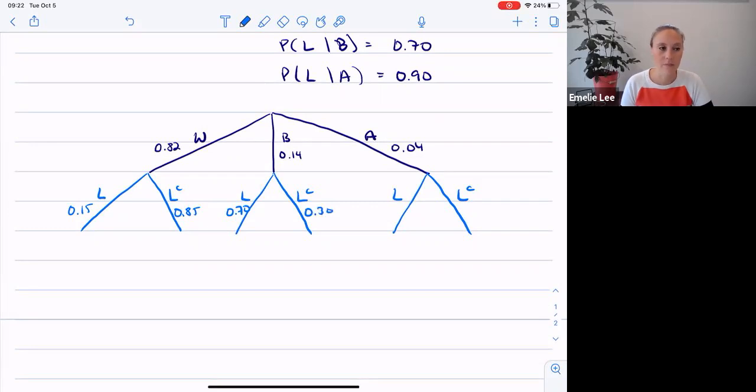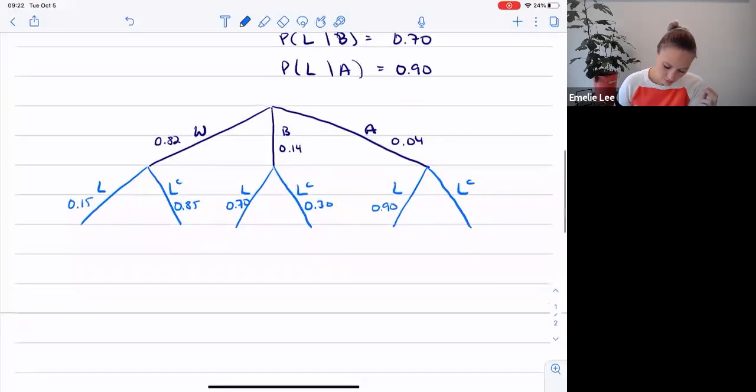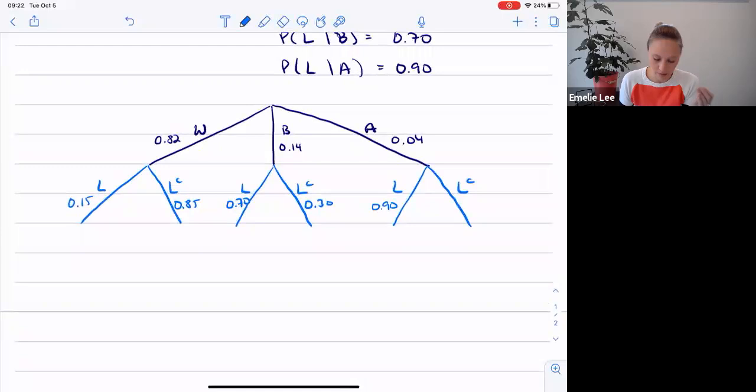Same thing, assuming I've headed down the Asian branch, the probability of then heading down the L branch is 0.9, which means the probability of the not L branch must be 0.10.